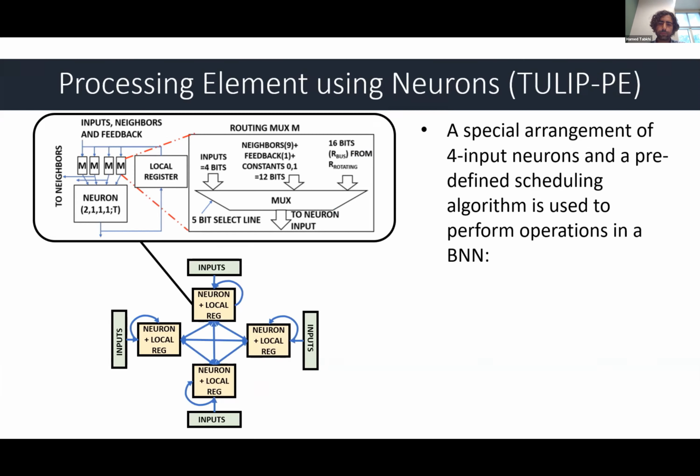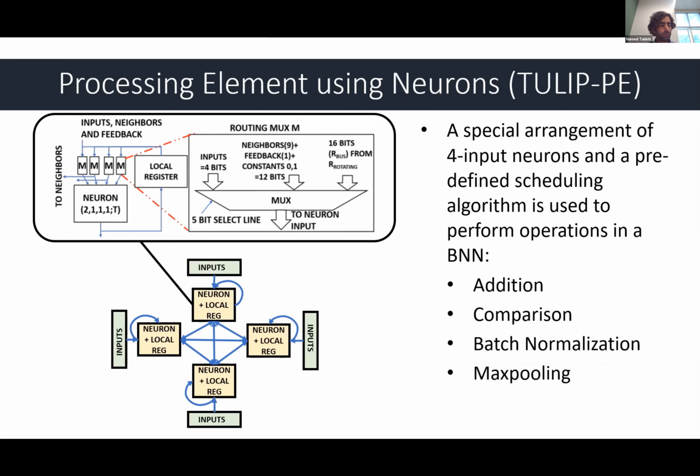Using this arrangement, it is possible to implement several operations used in the BNNs, such as addition, comparison, batch normalization, max pooling, and ReLU. Although the details on how these operations are performed on the Tulip P can be found in the paper, we will show the flow used for executing these operations in the next slide.